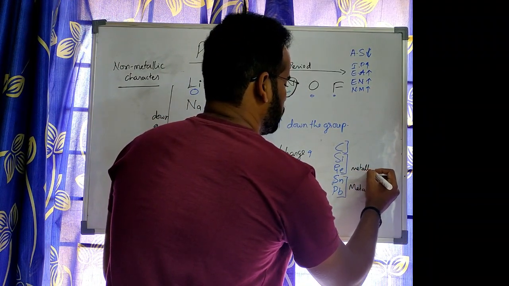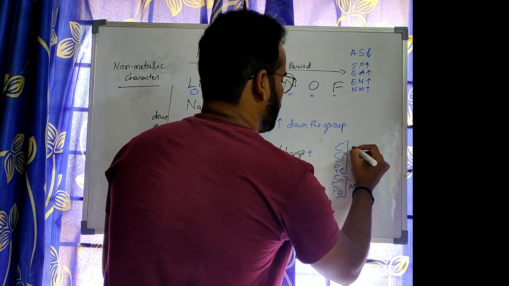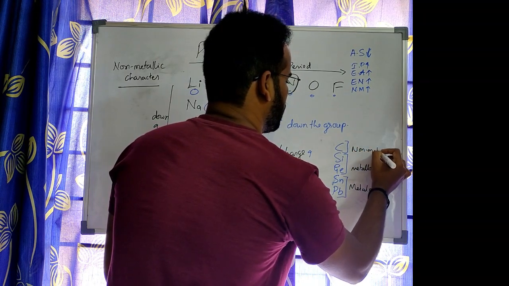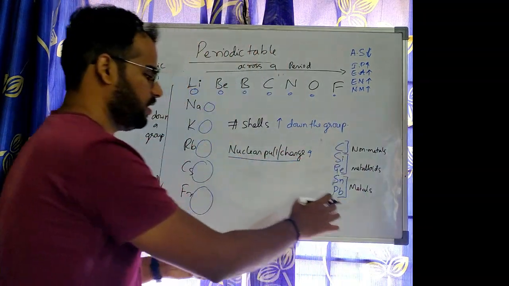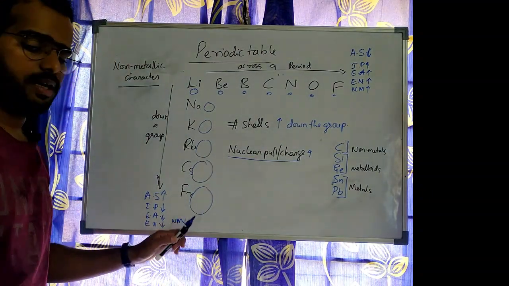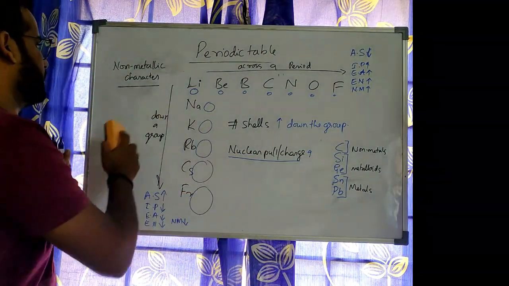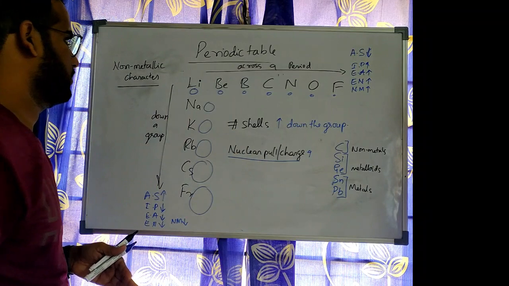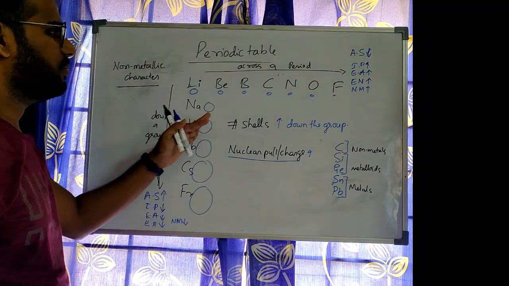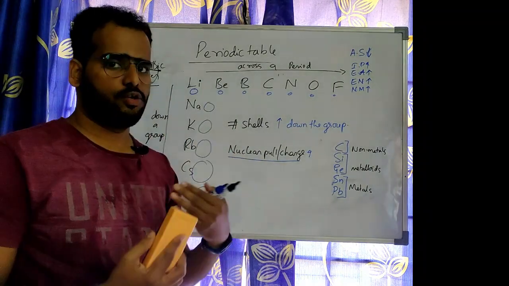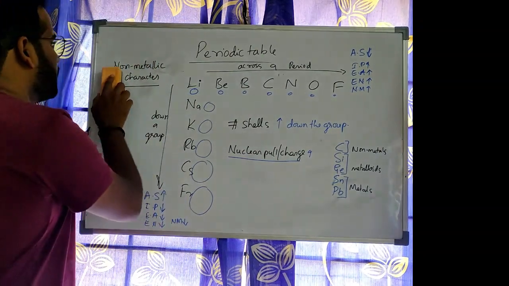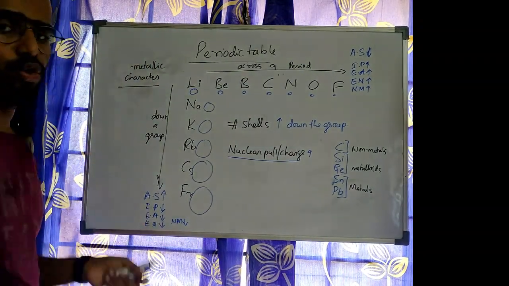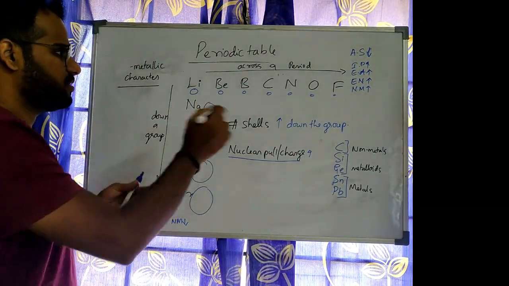So you can see here non-metallic character is decreasing down the group. Exactly the opposite will be there for metallic character, metallic nature. Non-metallic means non-metals tend to accept electrons. Metallic nature means metals tend to lose electrons. So the opposite trend will be there.